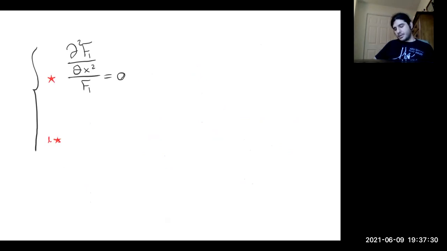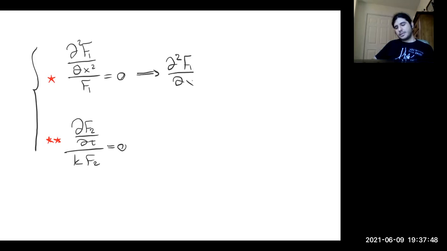The other condition is the derivative of f2 with respect to t over k f2 is equal to 0. Well, the first one simply means the second derivative of f1 with respect to x is equal to 0. The second one simply means the derivative of f2 with respect to t is equal to 0.